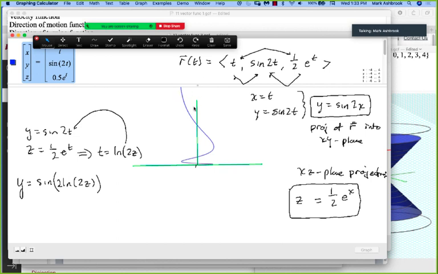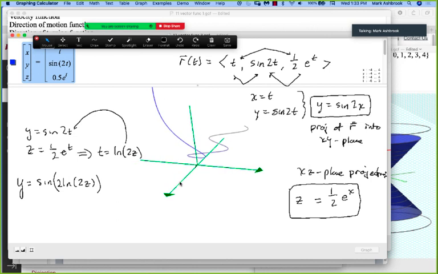The amount of oscillation is going to decrease greatly per increase in z. But as you get closer to 0, it's just going to oscillate faster and faster, or that period's going to shrink. Put it all together, consider all 3 components, and you get this space curve.